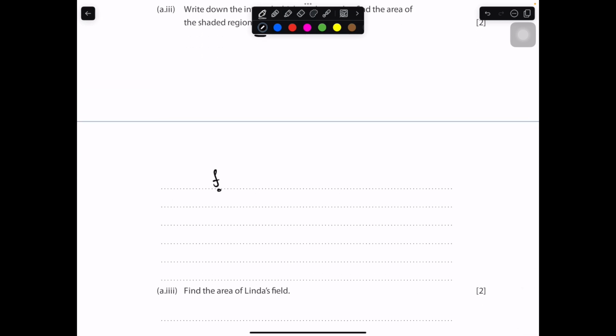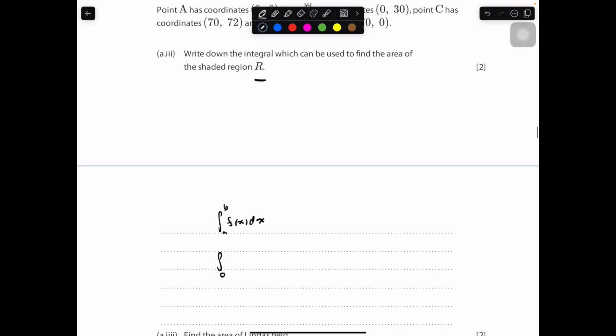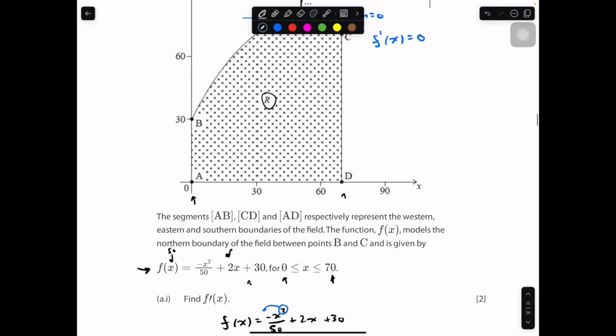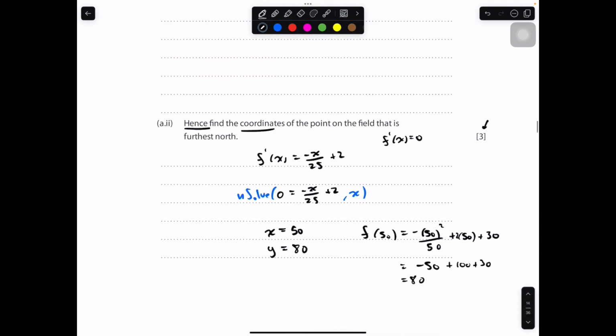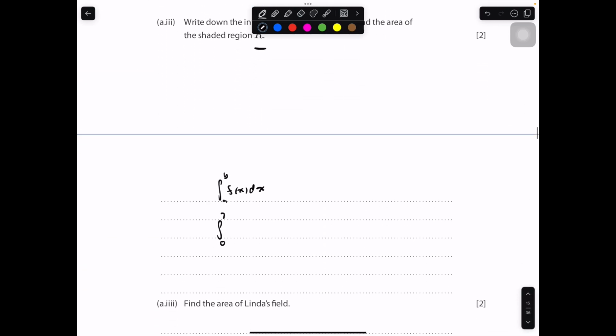So the integral from a to b of some function f of x dx. In this case, our starting point was 0, and we went all the way up to 70. And our function was negative x squared over 50 plus 2x plus 30. And then, of course, it's in terms of dx.